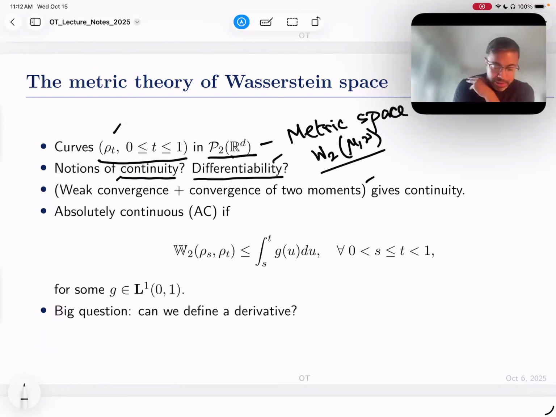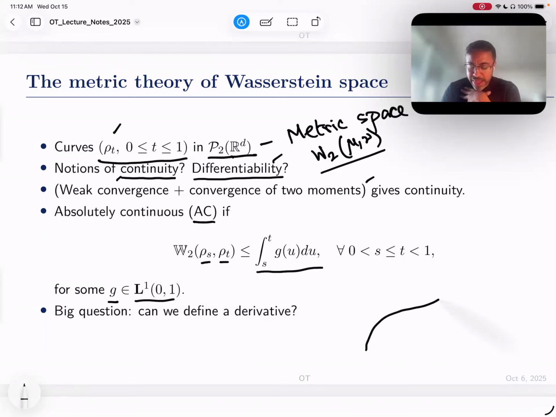I say that this curve rho_t is absolutely continuous, and I'm going to call this AC, if there exists some function g that is integrable such that the W2 distance between any two intermediate probability measures, rho_s and rho_t, is bounded above by the integral of g(u) from s to t.